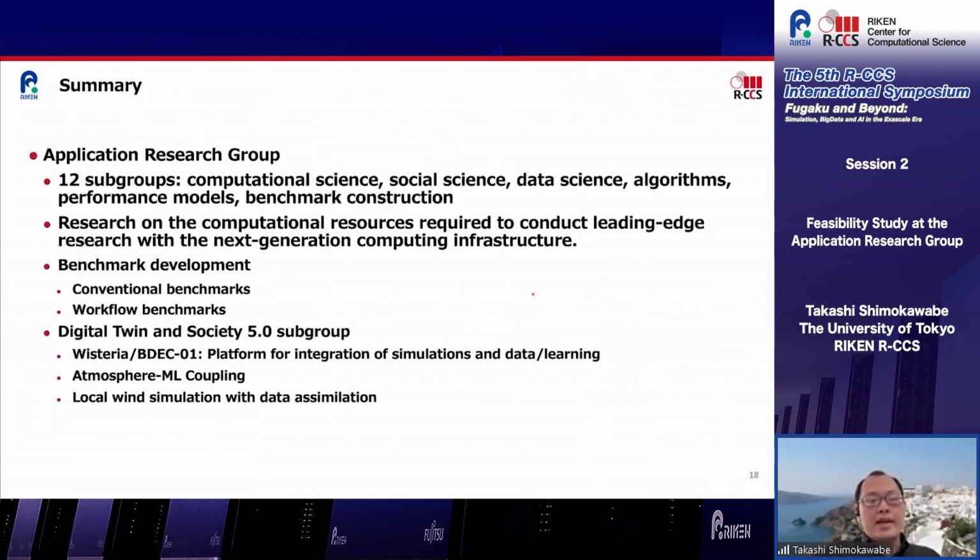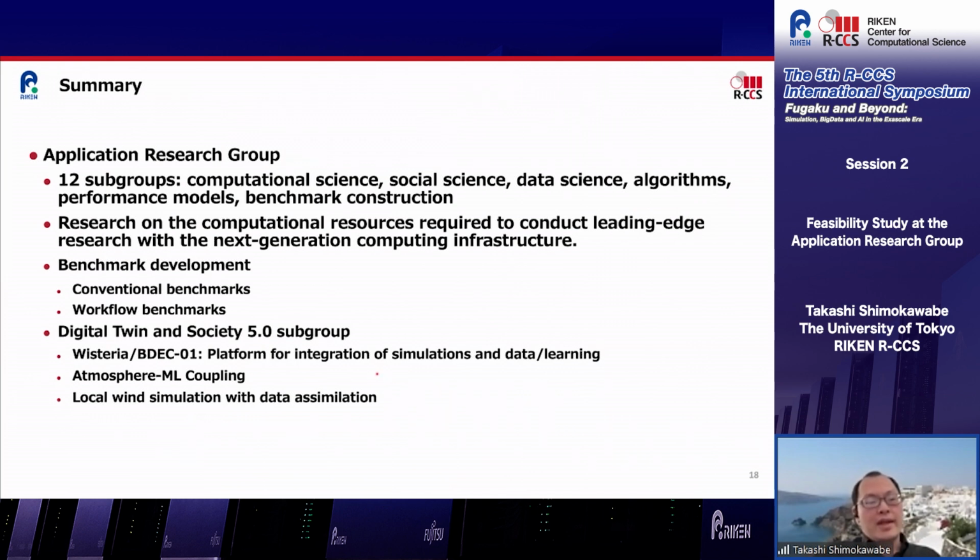And here is a summary of my talk. The application research group covers a very wide range of scientific fields, and consists of 12 subgroups. Our goal is research on the computation results required to conduct leading-edge research with the next generation computer infrastructure.